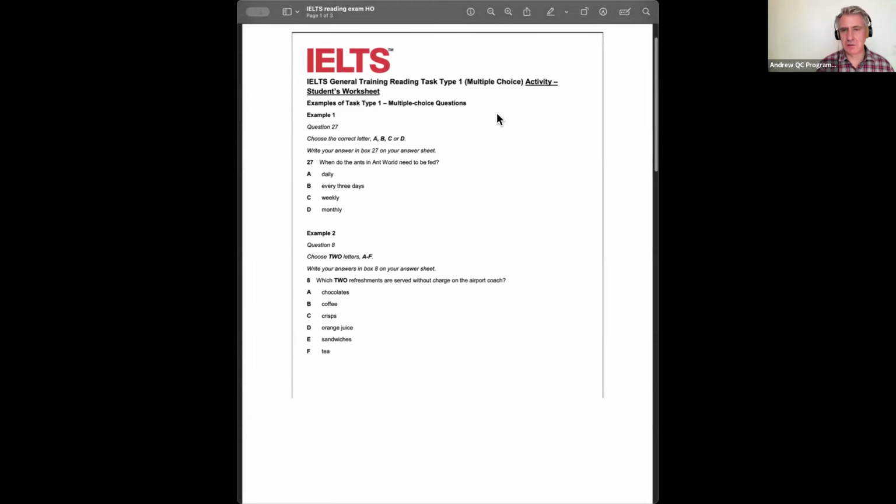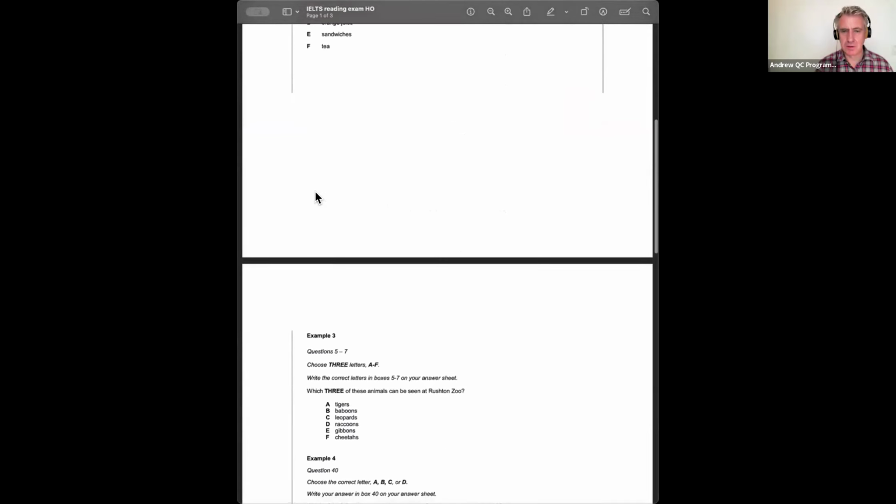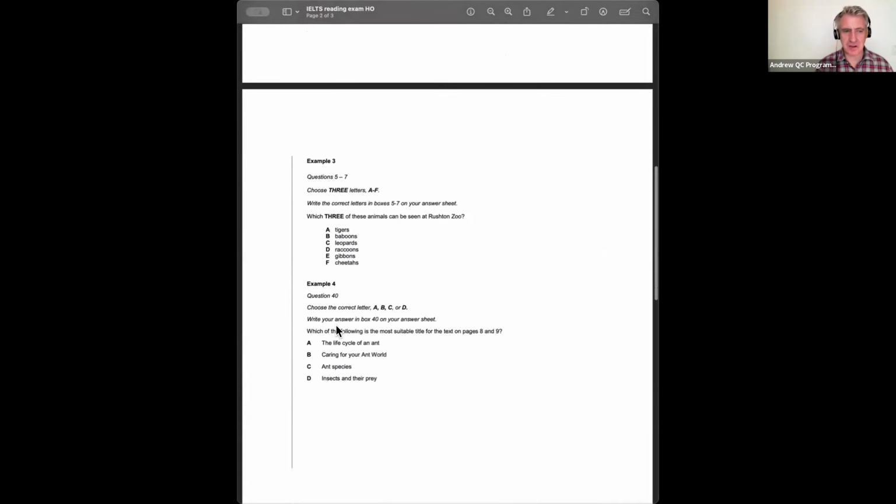What's the difference between these types of multiple choice questions? So you can see example 1 here, example 2, example 3, and example 4.